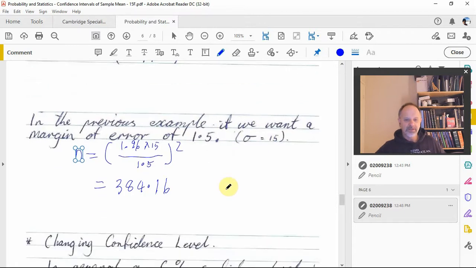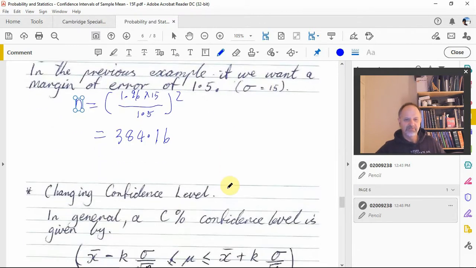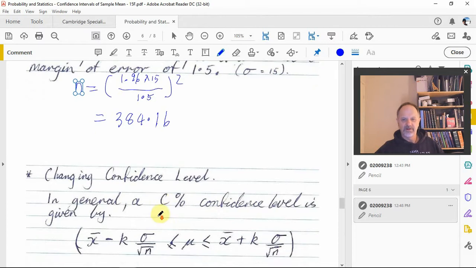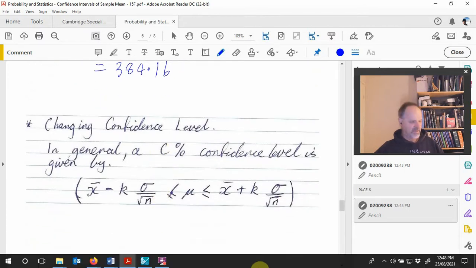All right, so we can change our confidence level. In general, for a C% confidence level, the one we used is 95%.